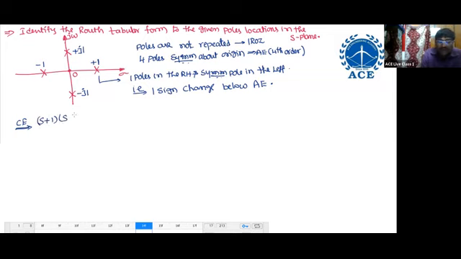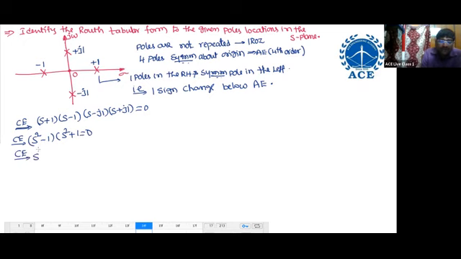Pole right, S minus 1. Pole on the imaginary axis, S minus j1. Pole on the negative imaginary axis, S plus j1, equal to 0. This becomes the characteristic equation. So this can be written as what? S square minus 1 and S square plus 1. This can be written as what?